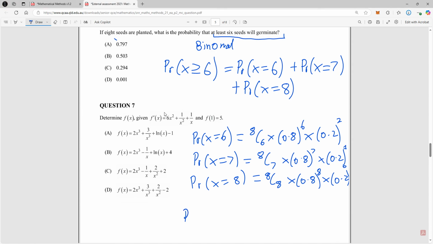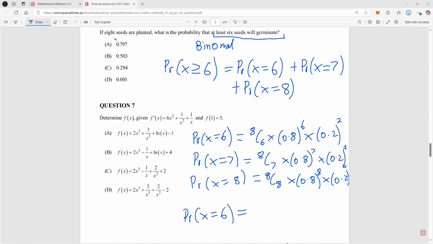For this one, the probability that x is equal to 6 gives you about 0.293 roughly. You can check my working with your own calculator. I do get some of these wrong sometimes, but very rarely. If I do make any mistake, please comment it as well.